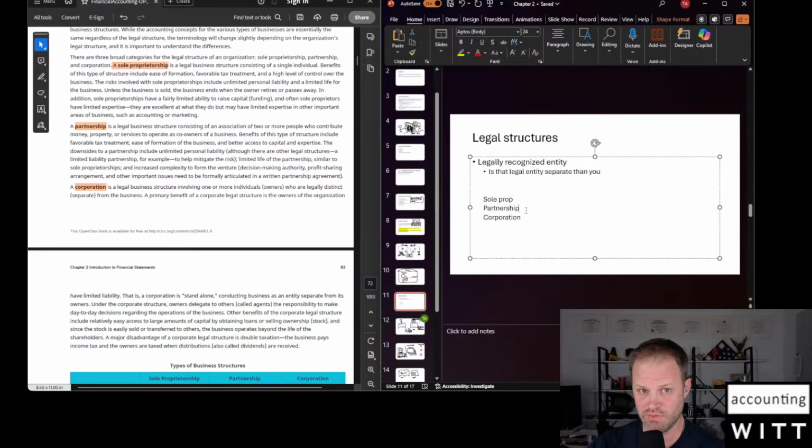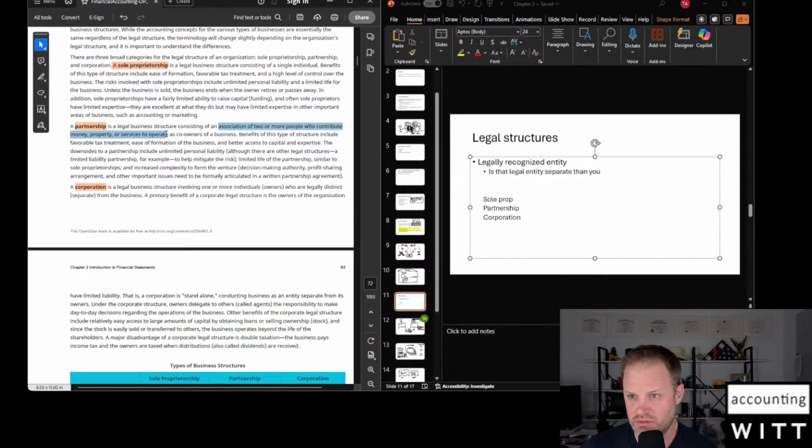Now, the difference between a partnership and a corporation is, in theory, it's individuals owning it together. Let's see what the book says. It's an association who contribute. I don't want to get into tax.